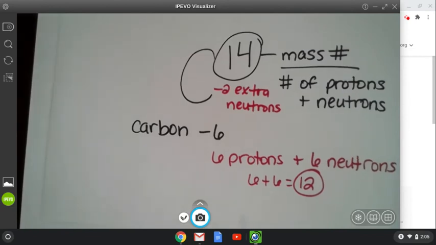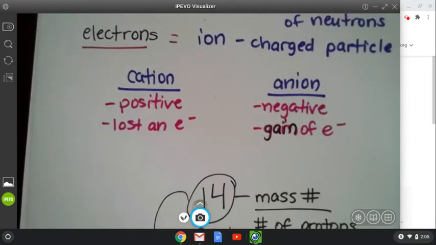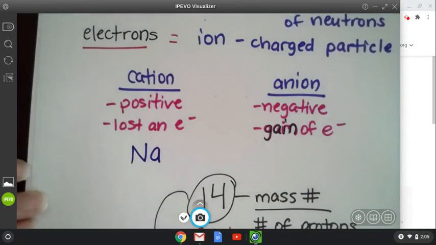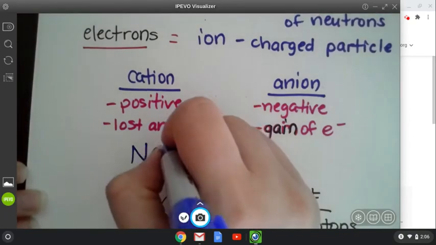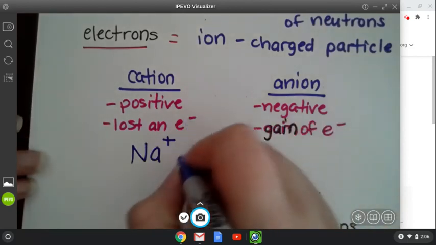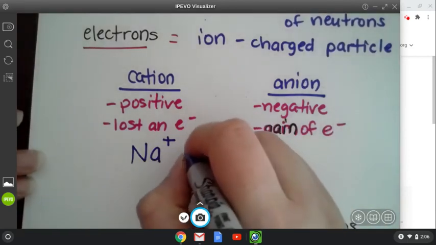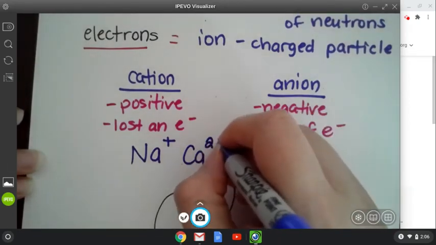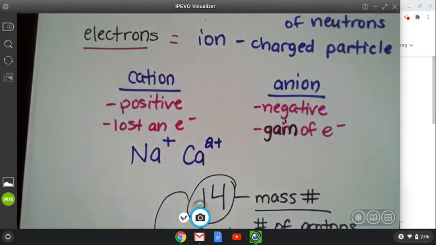One last thing, please go back up and add one more thing to your cation and anion part. Cations are written using your chemical symbol and then a plus or minus at the top. So sodium ion is a +1. It's missing one electron. Or you can have calcium ion, which is 2+. So that's just an example of how cations are written.